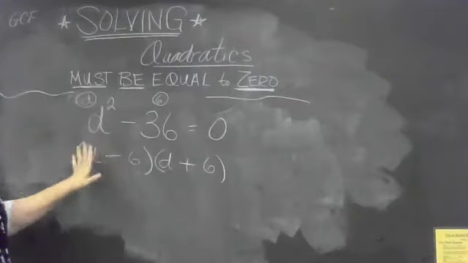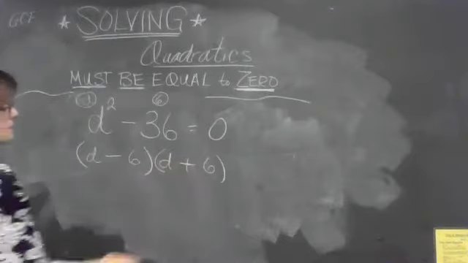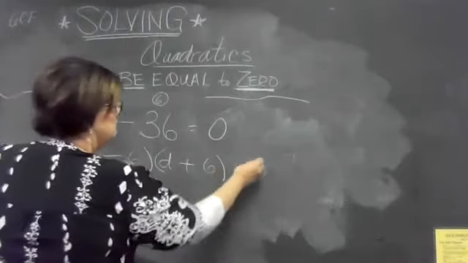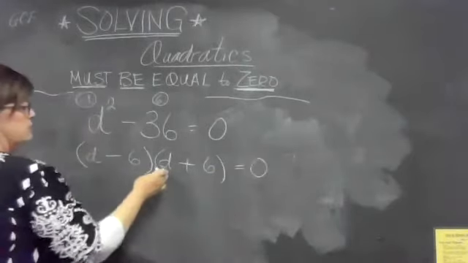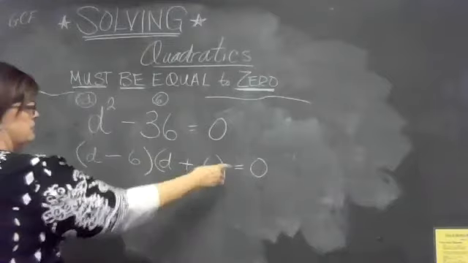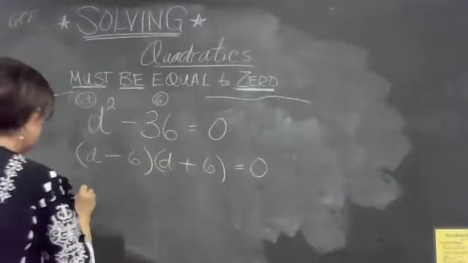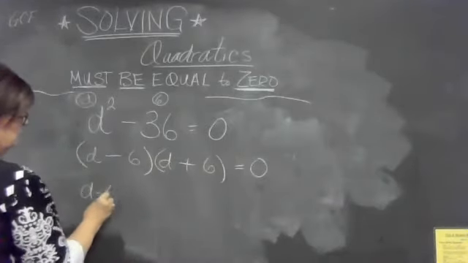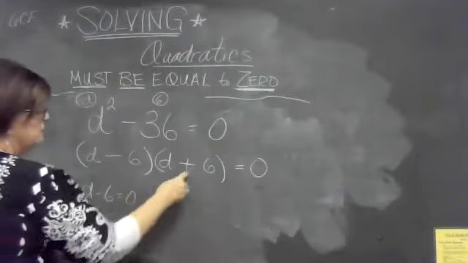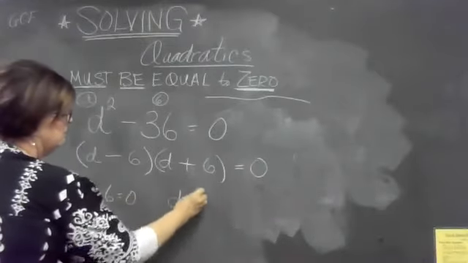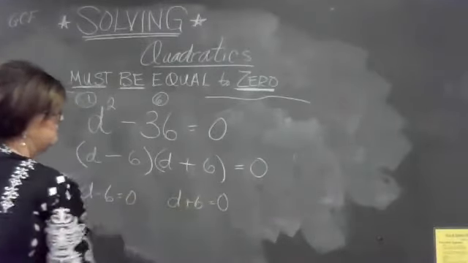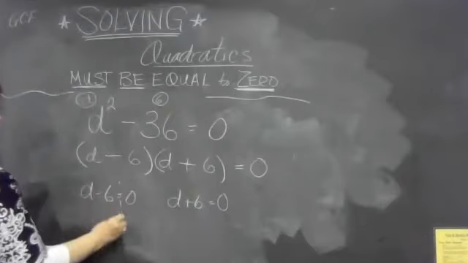So this is factored and it's equal to 0. Mystery numbers times each other gives us 0. So this has to be 0. Or this has to be 0. Solve them separately.